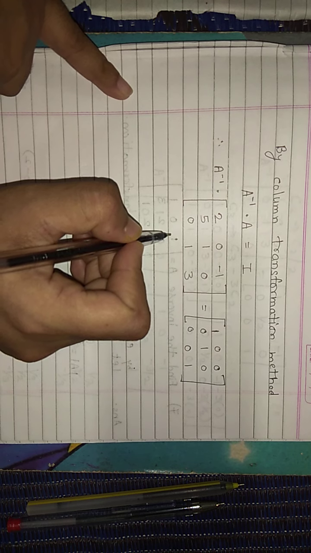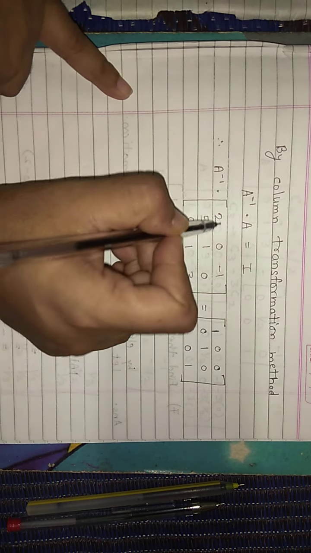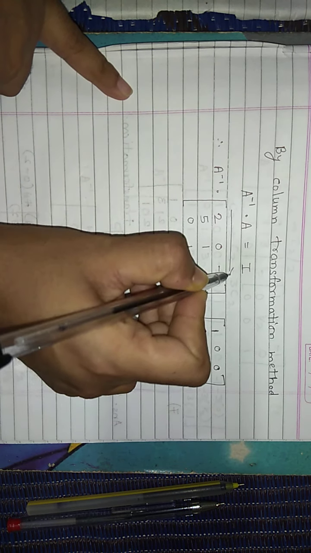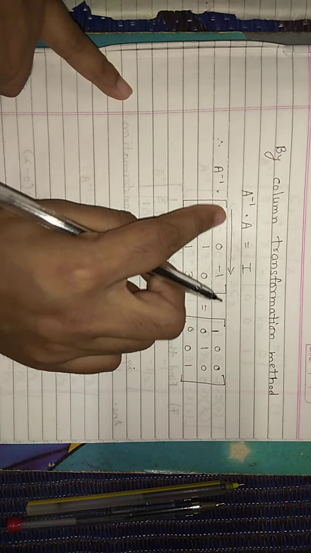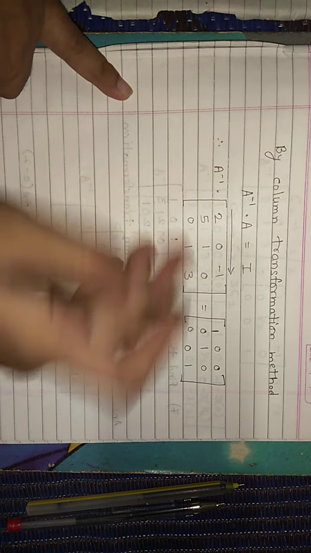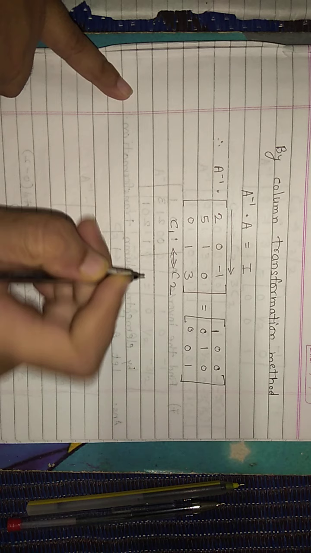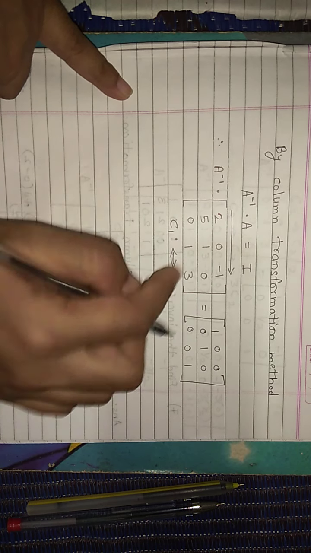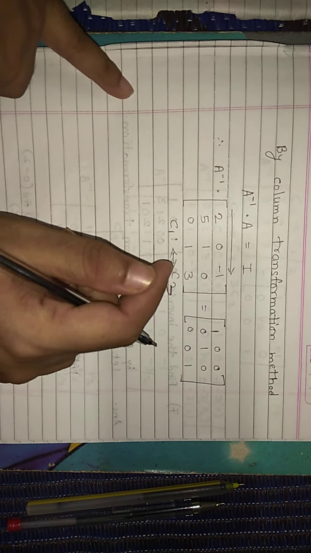So, by using the column transformation, first we apply the changing column transformation, because we need 1 here. We go row-wise: 1, 0, 0. We convert like this, 1, 0, 0. So we need 1 over here, so we interchange the column. C1 interchange with the third column, C3.